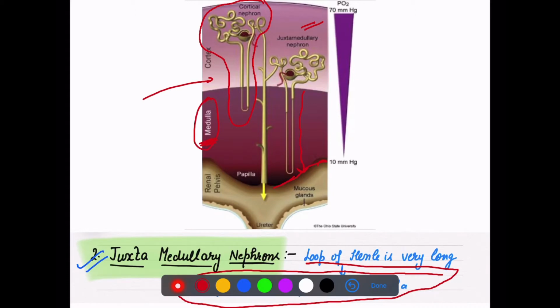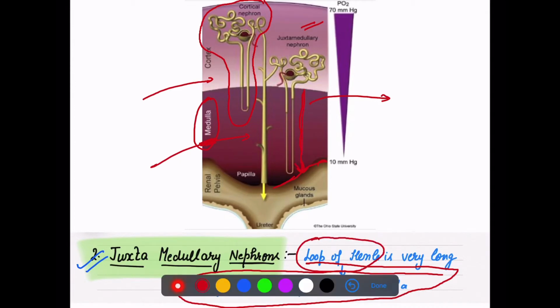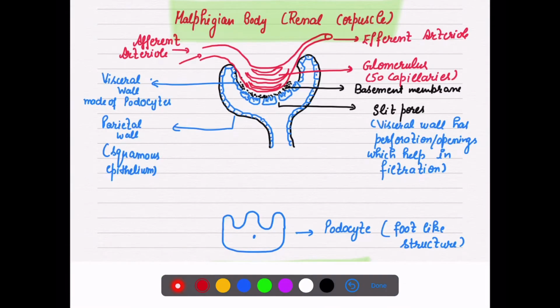That is the difference between cortical and juxtamedullary nephron: in the juxtamedullary nephron, the loop of Henle is very long and goes deep into the medulla. That is the difference on the basis of the type of nephron.